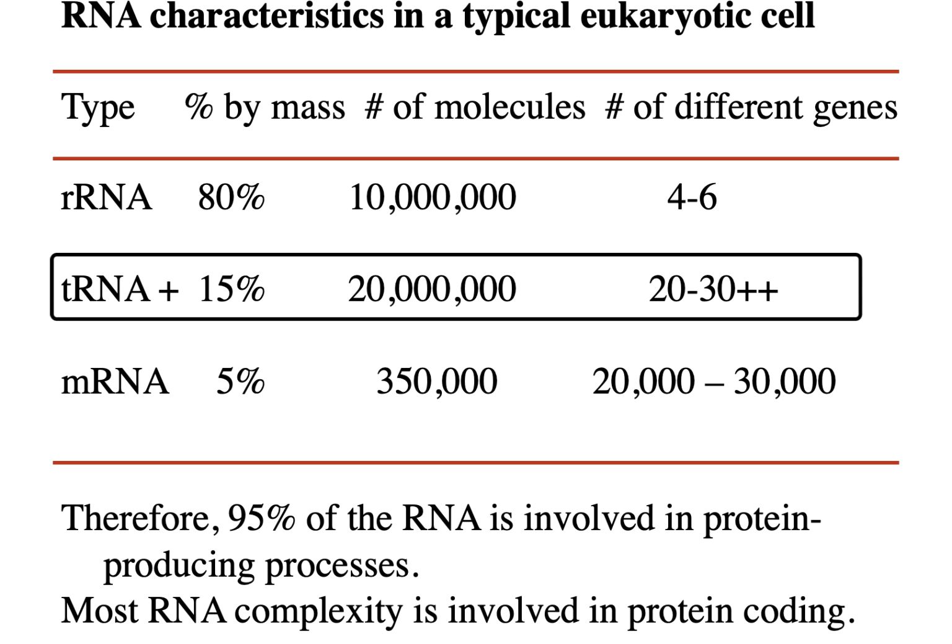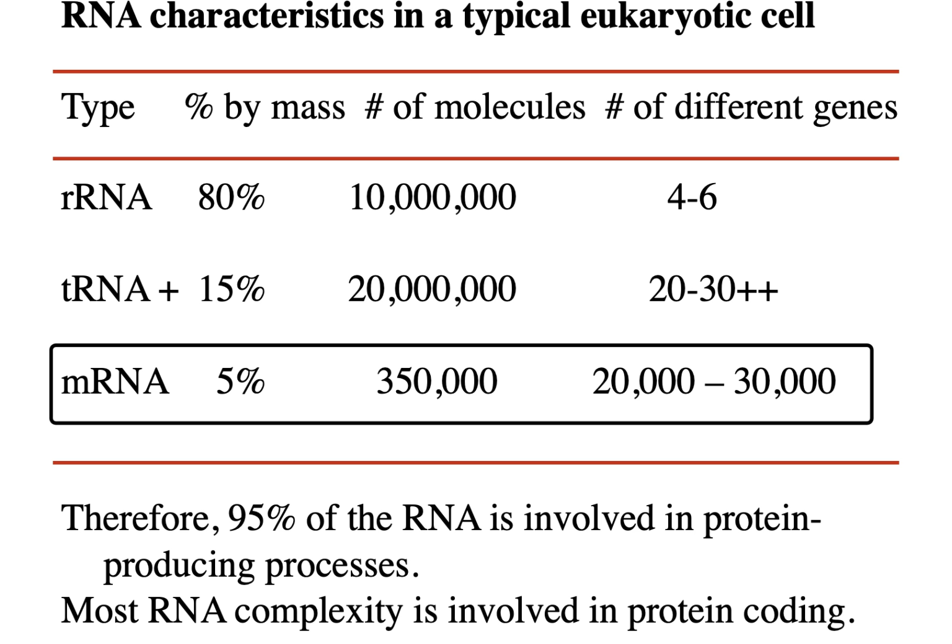Because these are small molecules and have a small mass, that's why you have 20 million of them make up only 15% of the total. And there are 20 to 30, sometimes up to 50 or 60 different types of tRNAs, and then dozens or hundreds of small RNAs. So that gene diversity is also quite low.